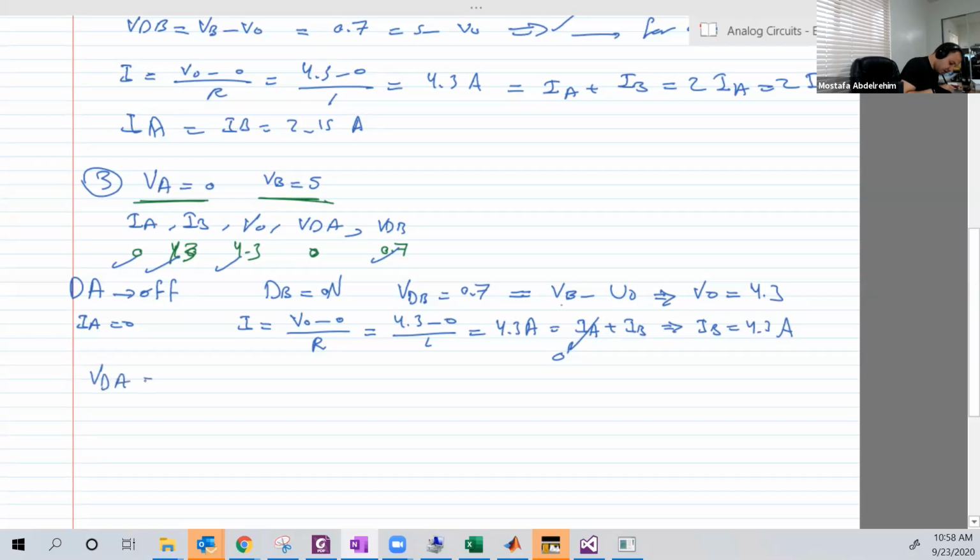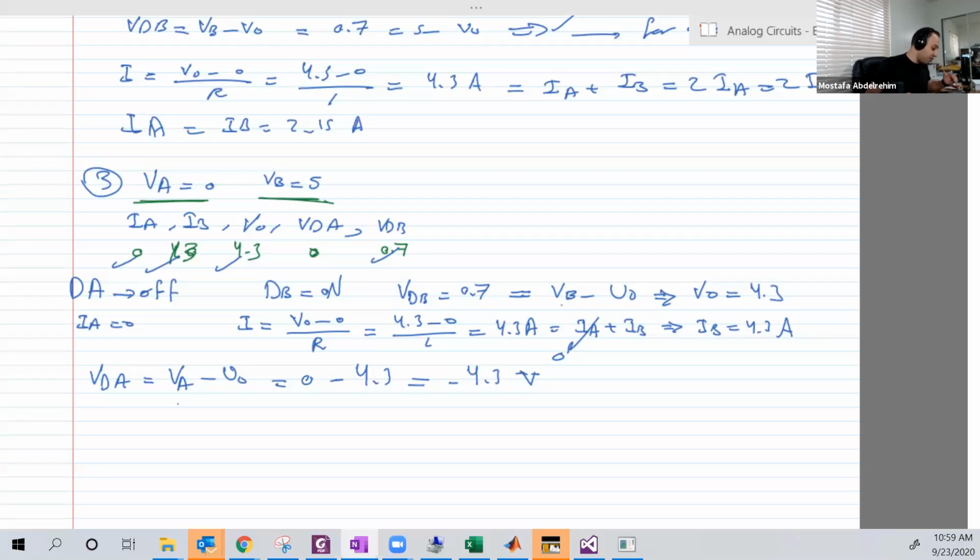VDA is equal to VA minus VO. VA is 0, VO is 4.3, so VDA is minus 4.3. That's right, because we assumed it's off and we got a negative voltage, which means it was reverse. So the current is really 0.